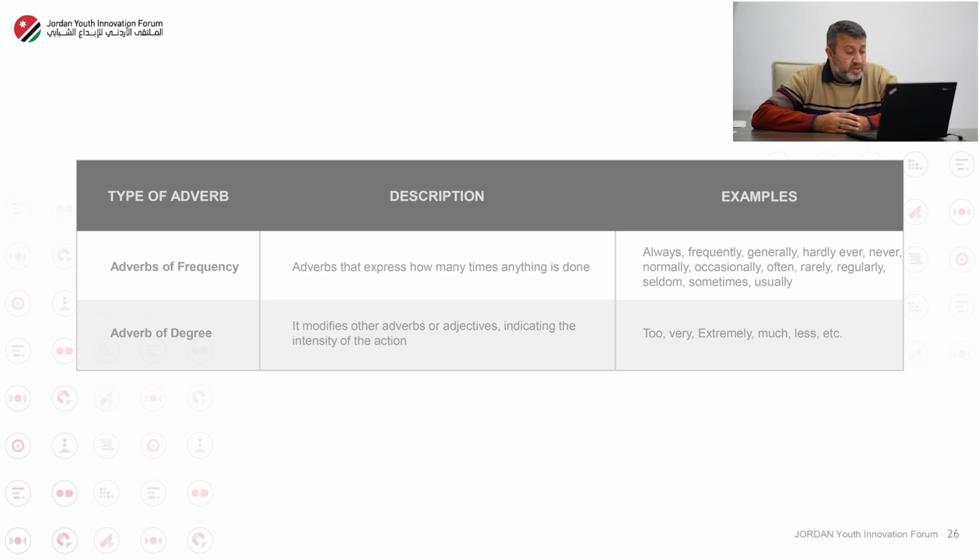Another type of adverb is the adverb of degree, ظروف الدرجة, and it tells us the exact quality of something. For example, when I say this laptop is too heavy, or very heavy, or extremely heavy, okay, or much heavier than this laptop, or less heavy.